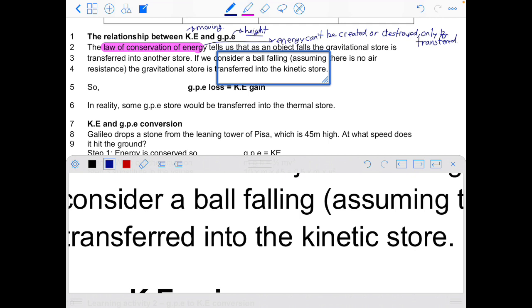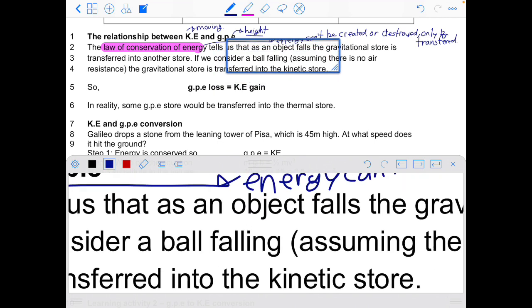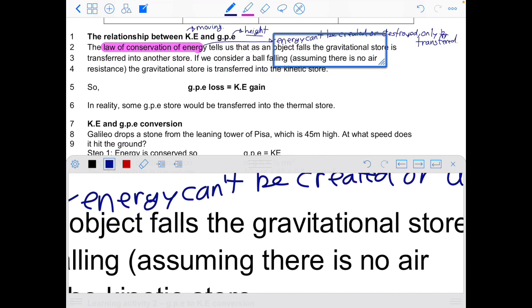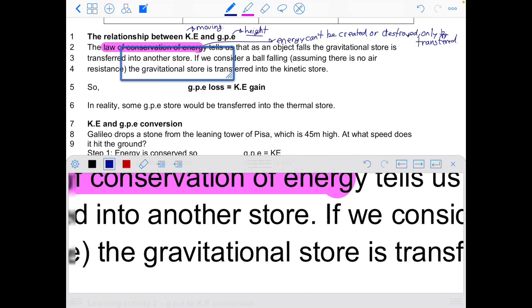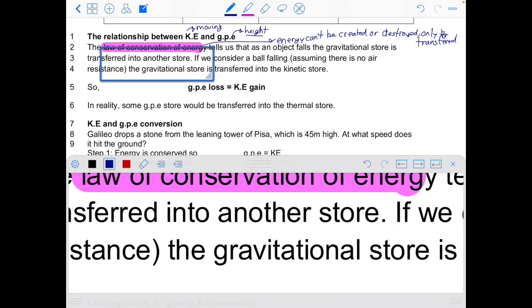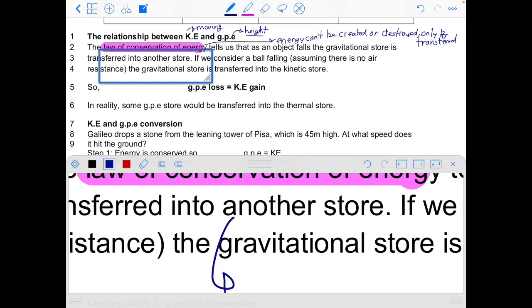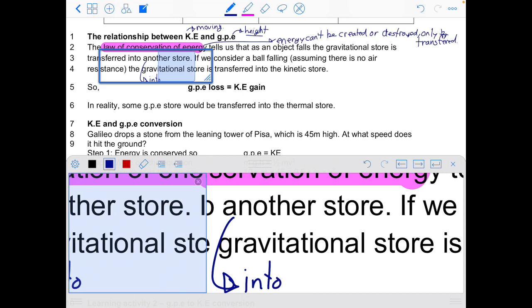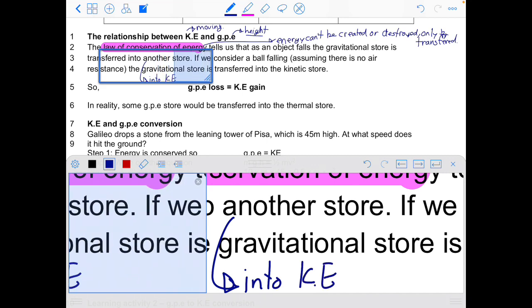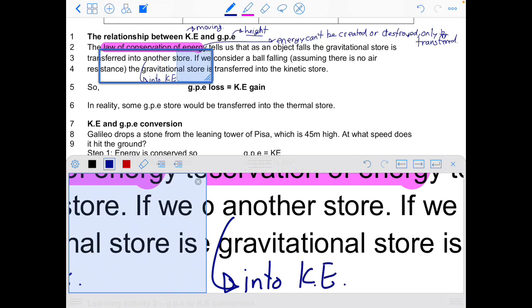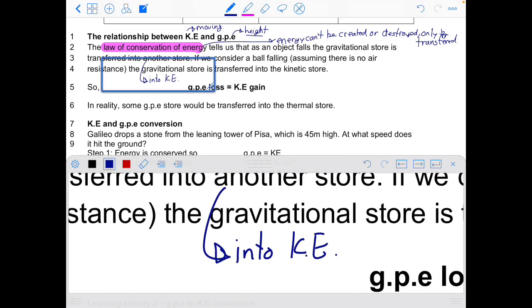So the law of conservation of energy tells us that as an object falls, the gravitational potential energy store is transferred into another store. This is very, very often, not necessarily 100%, but very, very often into kinetic energy. And that's the example we're going to look at today. So think about a ball.